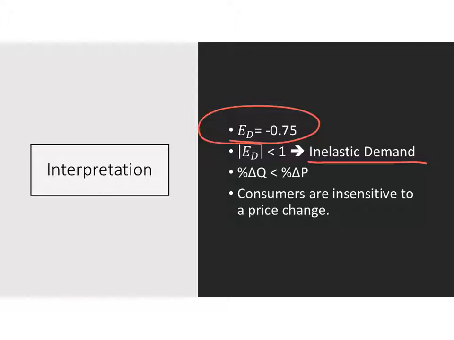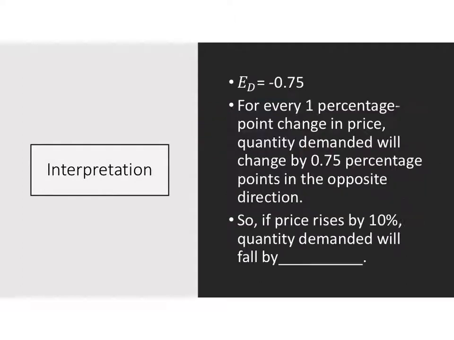That tells us that the percent change in quantity demanded is less than the percent change in price. Consumers are relatively insensitive to a price change. So this is a good in which the demand is price inelastic. Consumers are insensitive, fairly non-responsive to a price change.